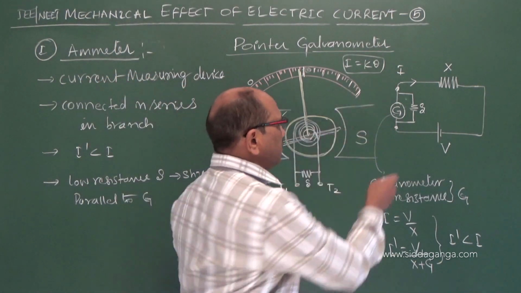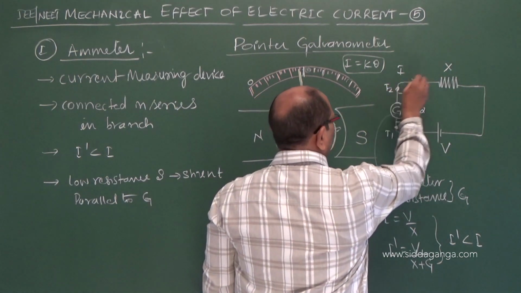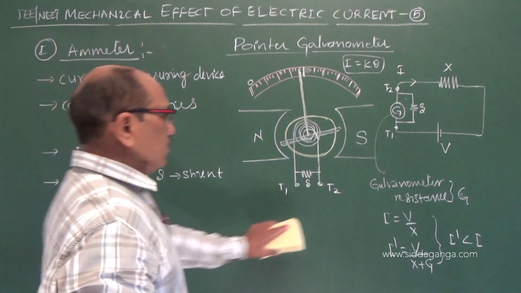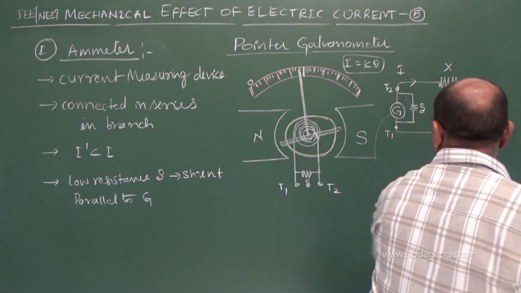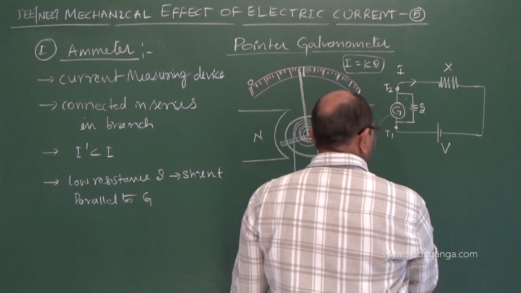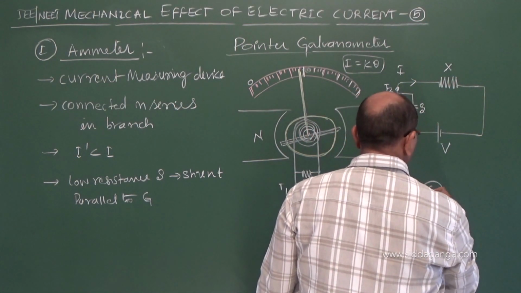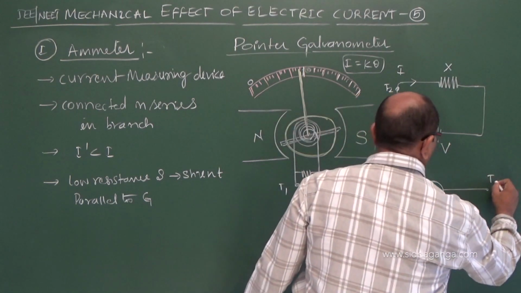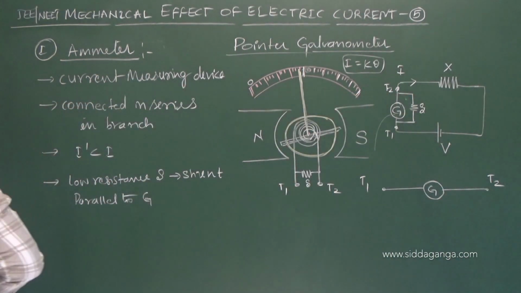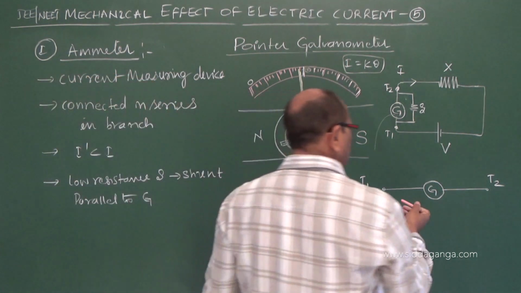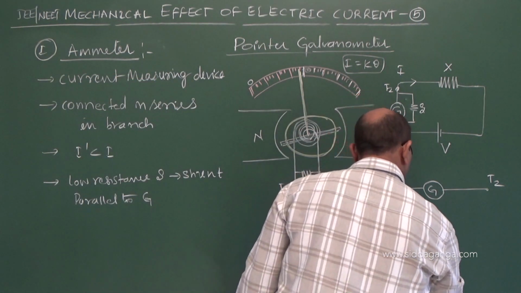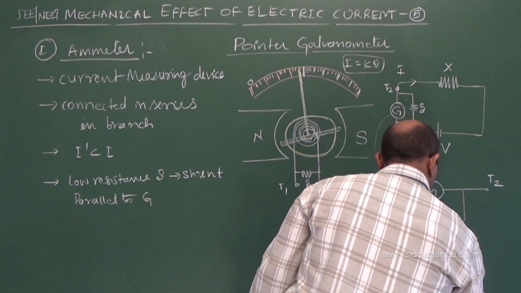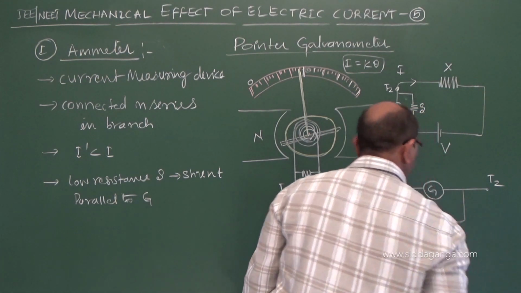Suppose I take terminals 1 and 2, and I show here in this part an alternate circuit. So this is the galvanometer. These are the terminals T1 and T2. I have taken another resistance inside this, called shunt resistance.